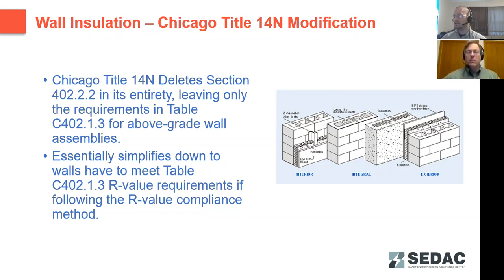In essence, the Chicago Energy Code is simply stating that whatever your mass wall construction, if it meets the R value requirements in the R value tables or U factor tables, that's all they're really concerned about. But there is a little bit of an issue there in that they delete the definition for the difference between a mass wall and a framed wall.